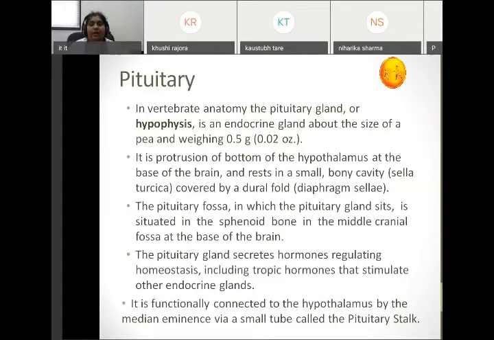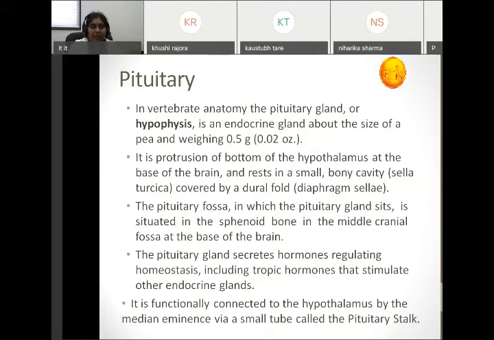In vertebrate anatomy, the pituitary gland or hypophysis is an endocrine gland about the size of a pea and weighing about 0.5 gram. It is a protrusion of the bottom of the hypothalamus at the base of the brain and rests in a small bony cavity called the sella turcica, covered by a dural fold. The pituitary fossa in which the pituitary gland sits is situated in the sphenoid bone in the middle cranial fossa at the base of the brain.